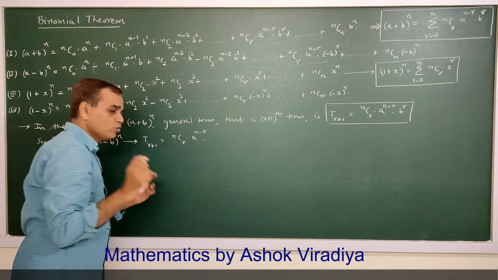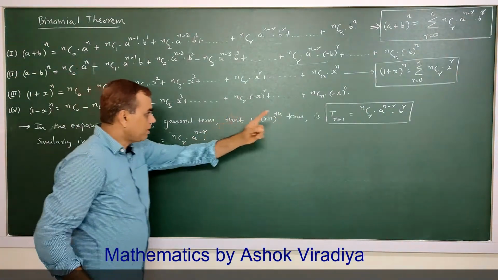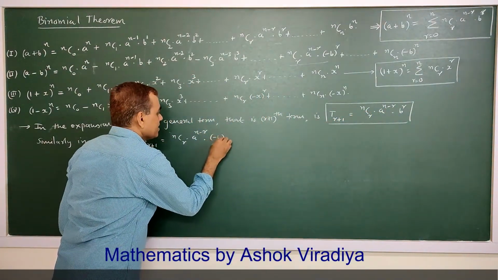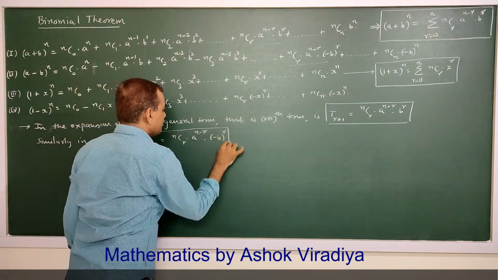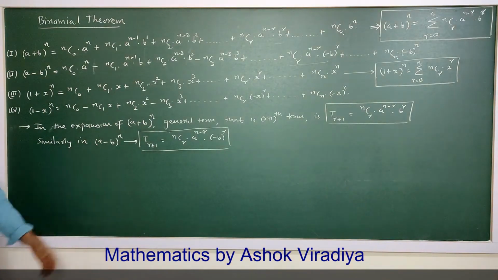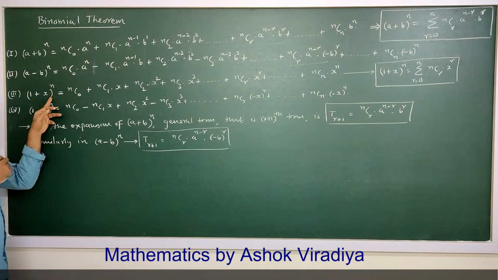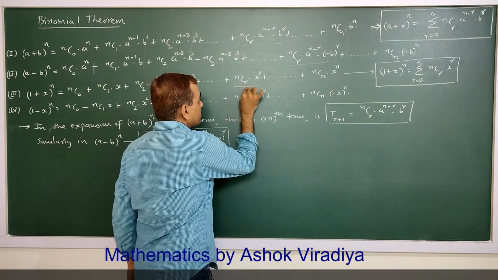The only change you have to make is to replace b by minus b, so (minus b) raised to r. So it is the (r plus 1)th term in the expansion of (a minus b) raised to n. Then the (r plus 1)th term in (1 plus x) raised to n.